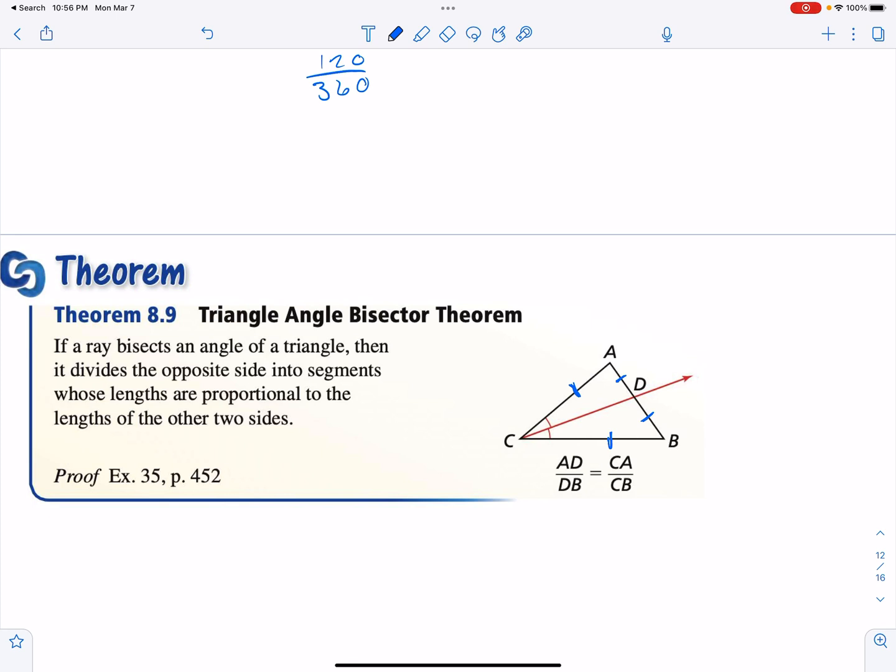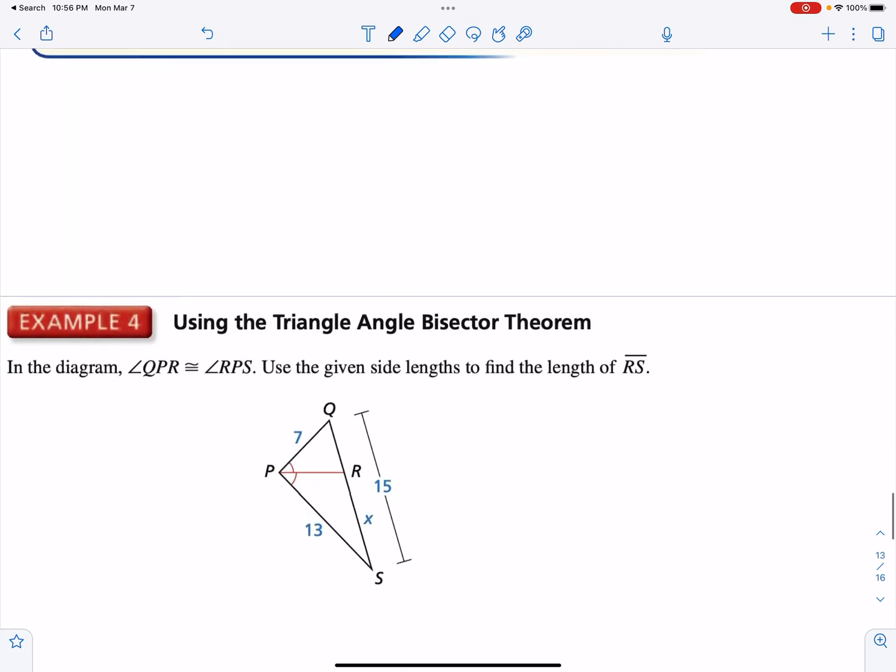Okay, so again, it's kind of a weird one, but we're going to use the side bisected and the adjacent side to the angle. Remember, the term adjacent means next to. So that side is next to the angle on that one. This side is next to the angle on that one.